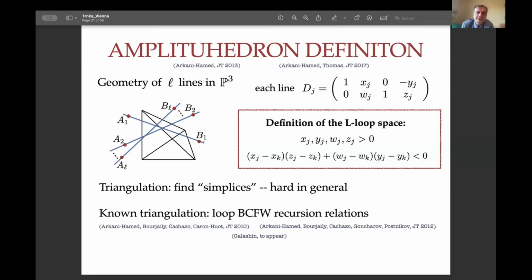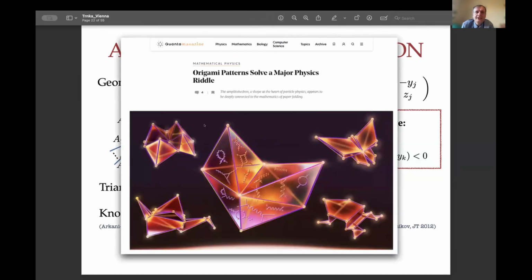So naively the space looks very different, but it was recently shown by Pasha Galashin that the recursion relations indeed triangulate the Amplituhedron in some more natural way, and for demonstrating that he used some interesting origami patterns.